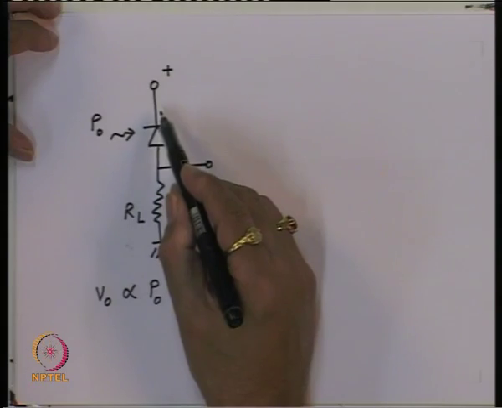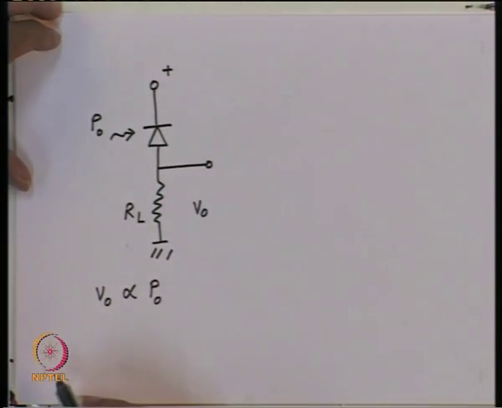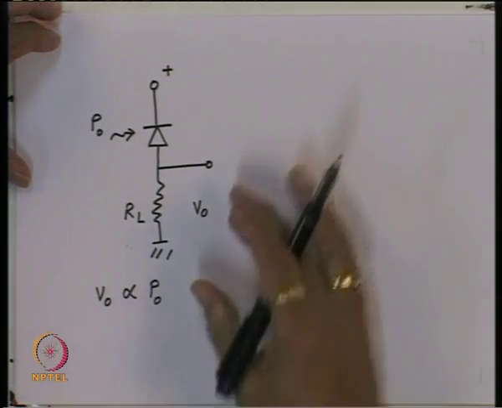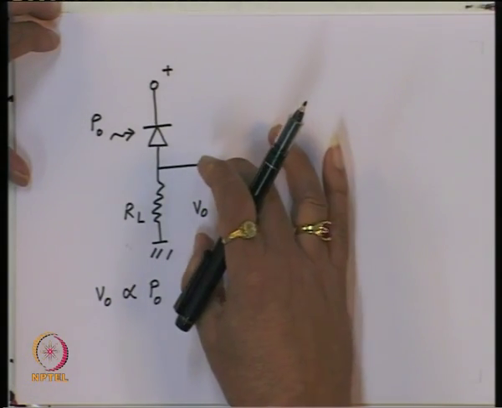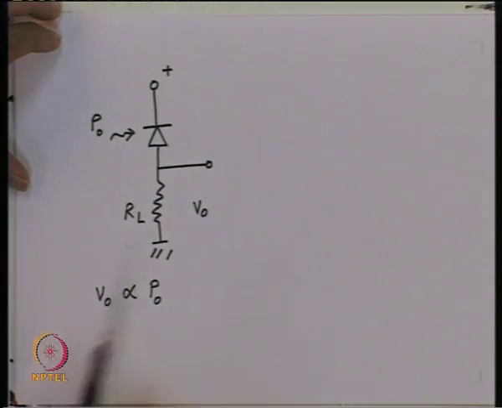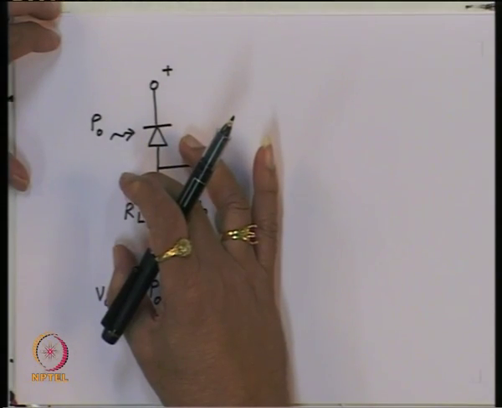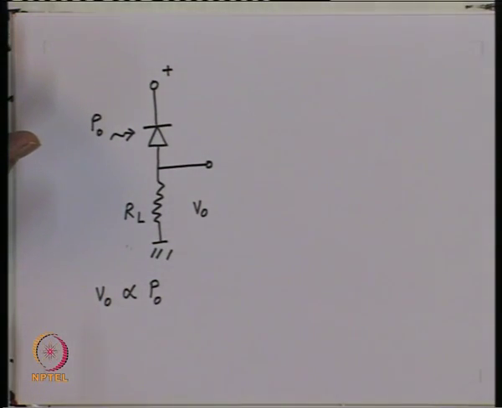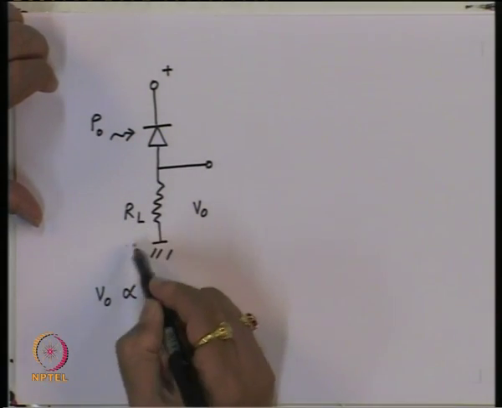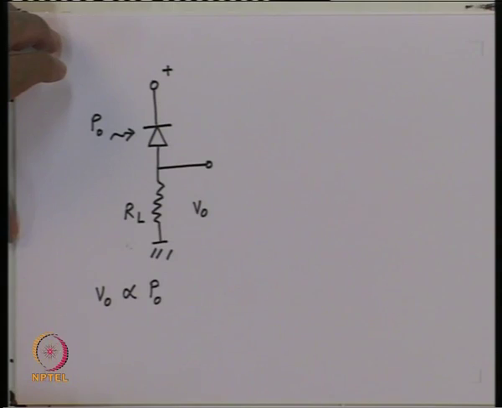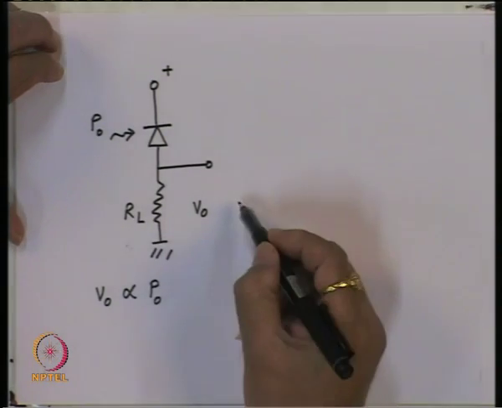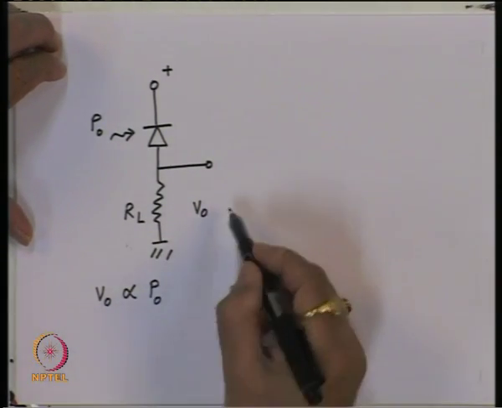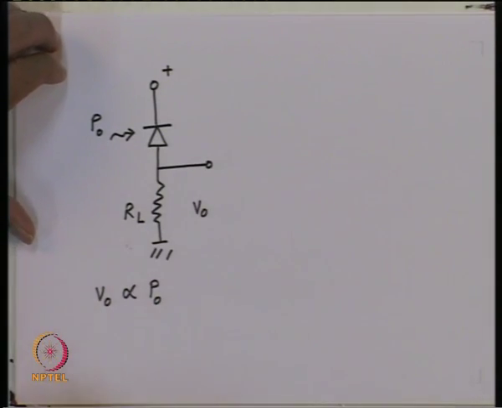Now, since this device is a constant current device, if you want a substantial voltage developed across this, then the value of RL should be large. But if you make the value of RL very large, then it is immediately clear that the output impedance of this circuit will be very large.